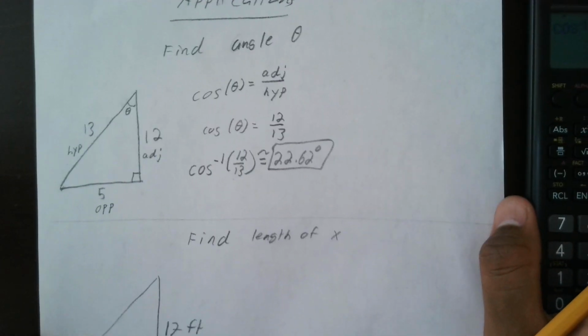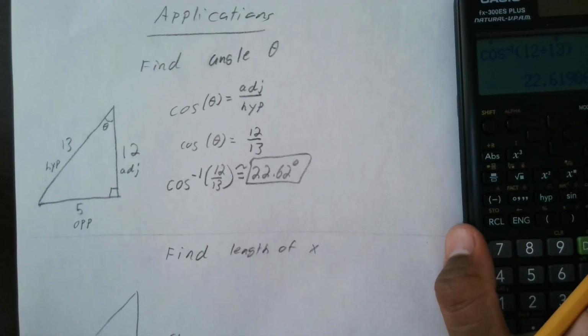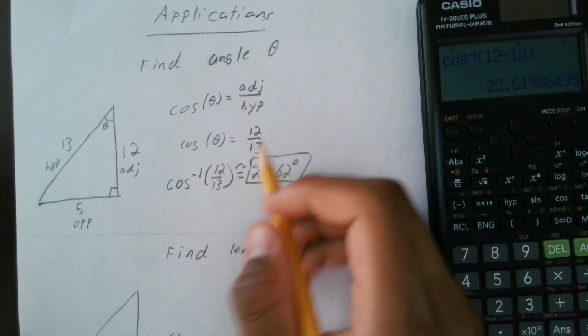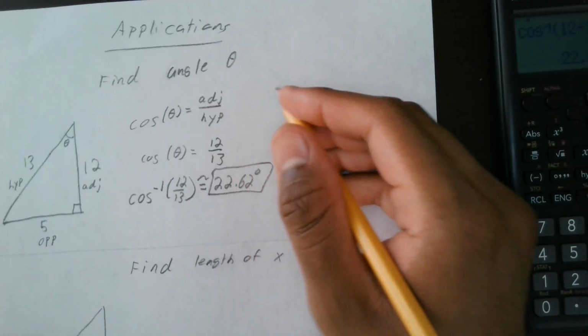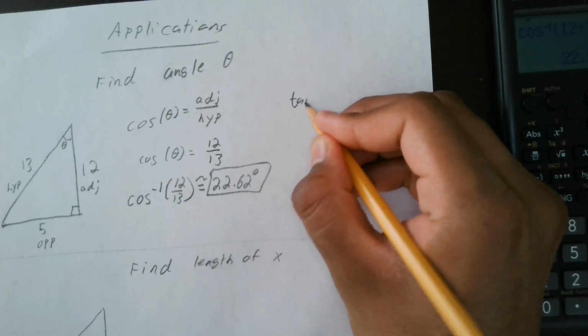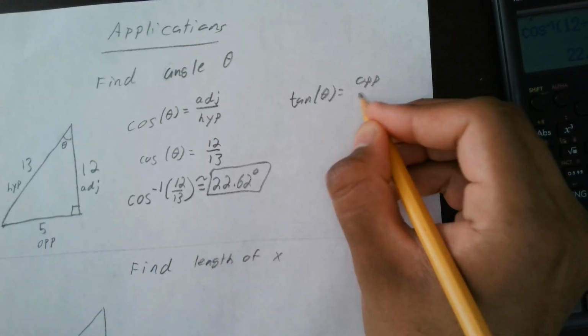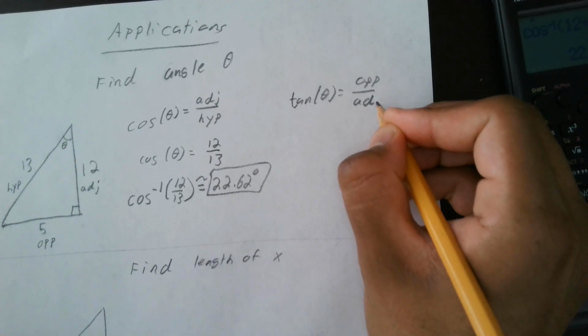Alright, and we could have also used a different angle that we wanted. We could have also used, for example, tangent. So tan theta is equal to opposite over adjacent.